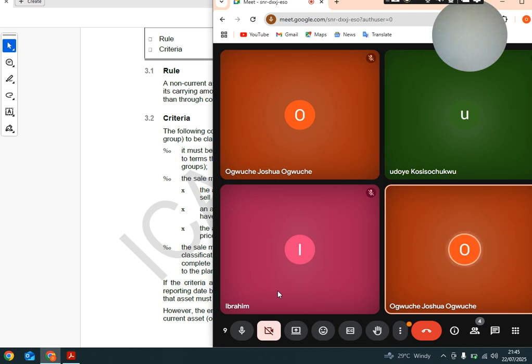If it has not been revalued, your carrying amount is your cost minus accumulated depreciation and impairment loss. So carrying amount already includes the initial cost or the revaluation value of that asset.